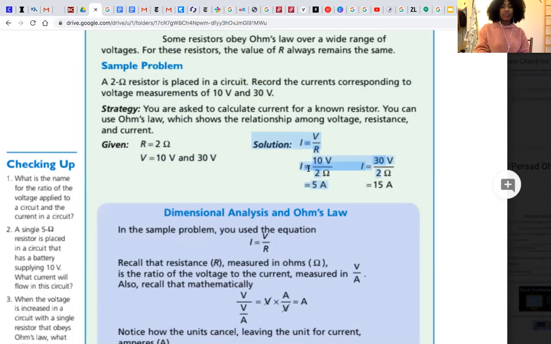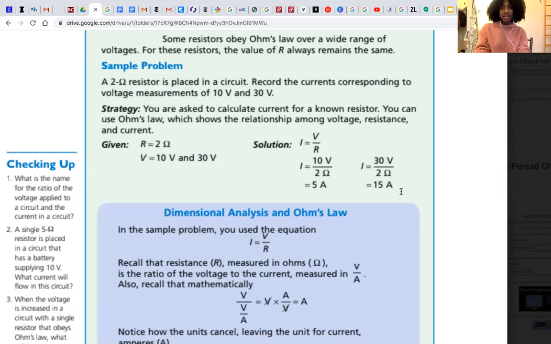So I equals, remember we change our variables, 10 volts divided by 2 ohms. So the first resistor is receiving 5 amperes of current. Now, as we see here, we have 2 different voltages, so that is why we have to do this again.